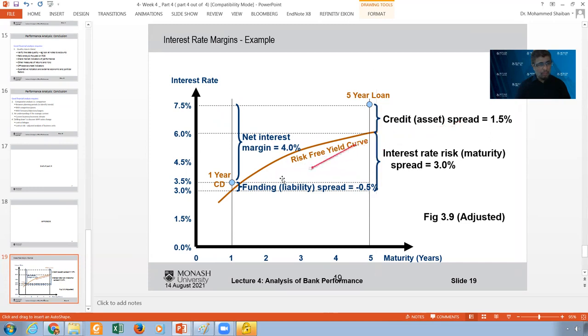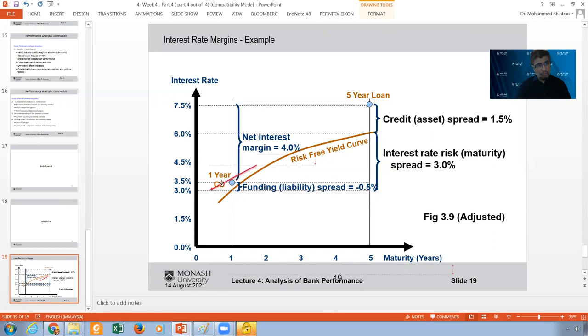Look at the short term now. In the short term, for example, if I borrow through CDs, the investors who buy these CDs from me will ask for 3.5. But if the risk-free rate is 3.0, why are they asking for this extra 0.5? It is the spread of funding, the spread of borrowing in this case.